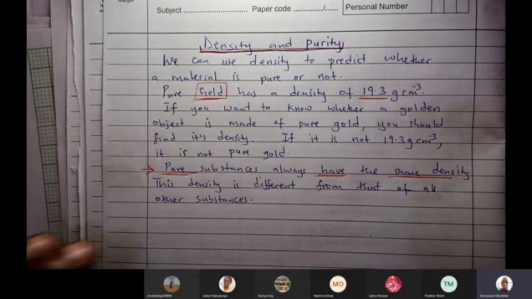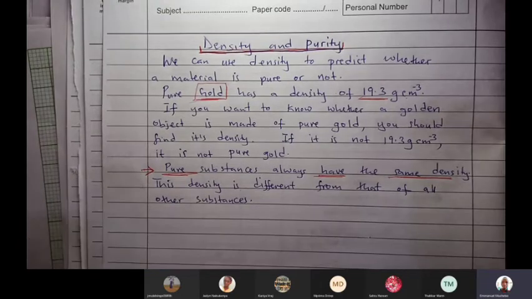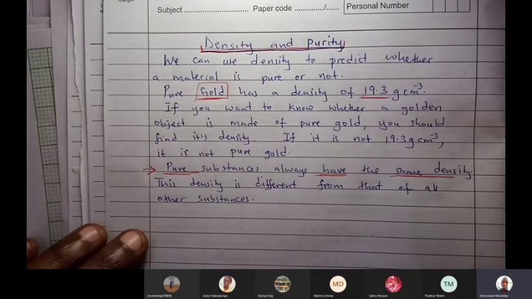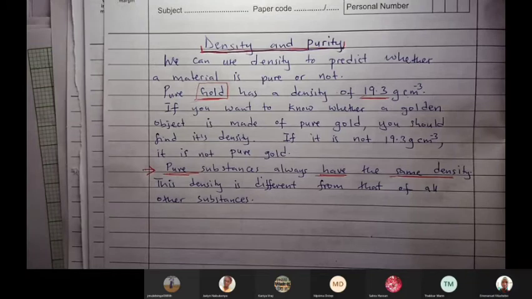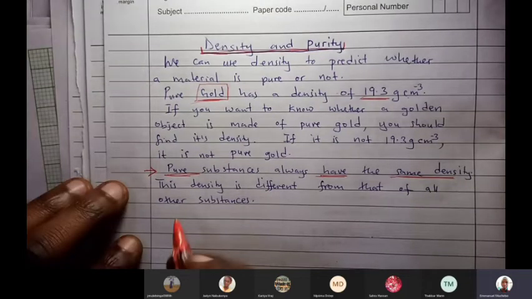So each substance has its own value of density, and it varies from substance to substance.